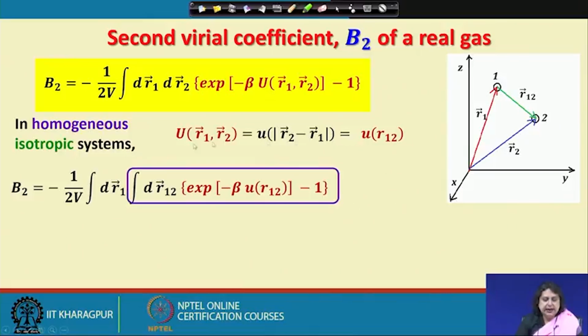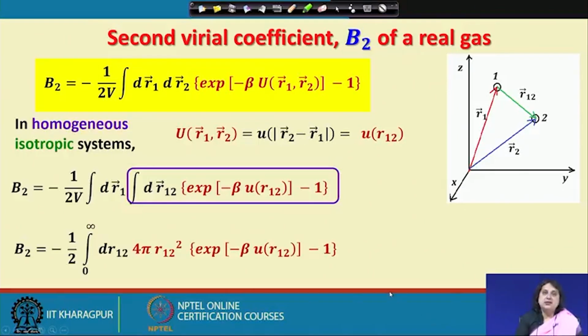As you see, the second integral is completely dependent on r12 and does not explicitly depend on dr1 or anything to do with r1, and therefore, I can carry out this integration, and obviously this is nothing but V. So, V and V cancel and I am left with this integration where I see that dr12, that is dx12, dy12 and dz12, I have just replaced with the simple spherical polar coordinates, and I find that this is nothing but 4 pi r12 squared dr12.